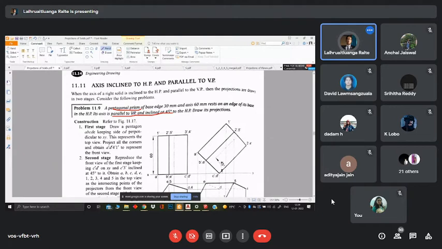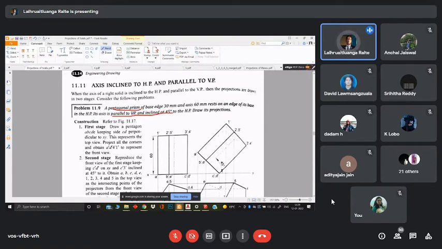And remember, when it is parallel to the vertical plane, the shape, or let's say the projection that falls on the VP, which means the front view, is always going to be the true dimension of that particular object. It is not distorted in any way, so it is always going to make the true shape on that particular plane, which is the vertical plane for our condition. All right, I'll repeat that.